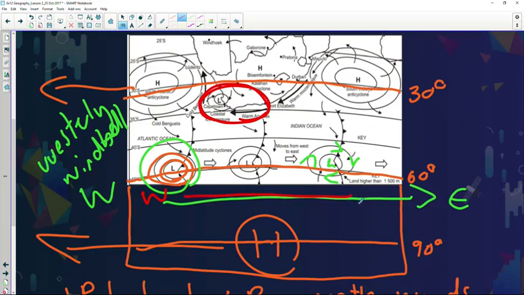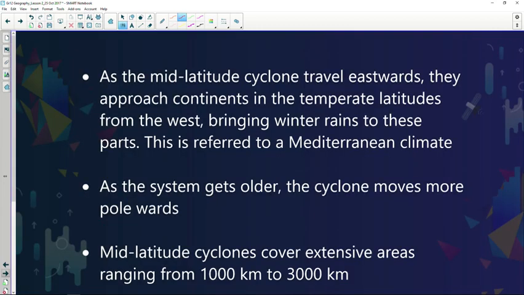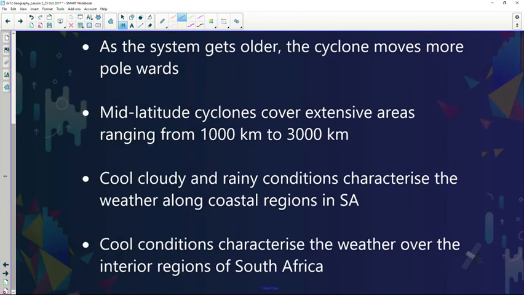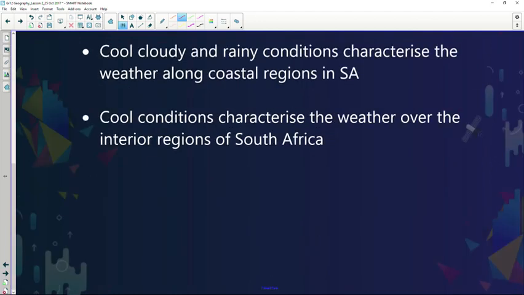Now, the system moves from west to east, like I explained to you, and as the system moves, keep this in mind, it forces warm air to rise. Now, in grade 10, the first time we discussed the different types of rain, you were introduced to frontal rain.